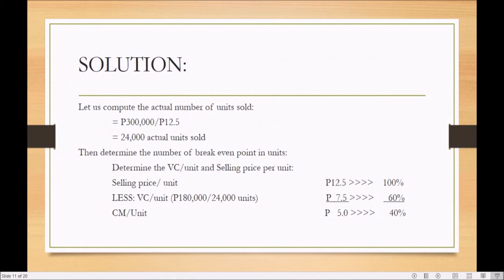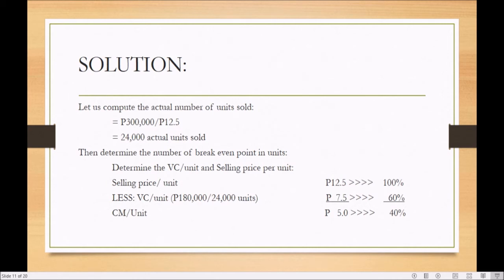That is why we are asked to compute how much should be added to achieve the break-even point. The question is, how much is the break-even point in units? That is what we will do first. Then, determine the break-even point in units.